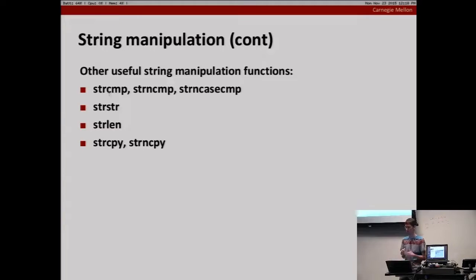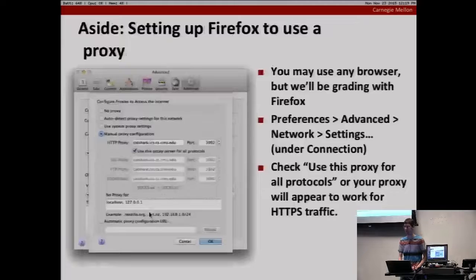If you remember in Attack Lab, that was what allowed you to write those attack strings, is that it would just keep writing until it got to the end, and it didn't know how big the end was. But it was trying to fit into a constant length thing. So these functions that take in the length are better, because then you can match it to the size of your buffer. String length, string copy, those might be useful to you.